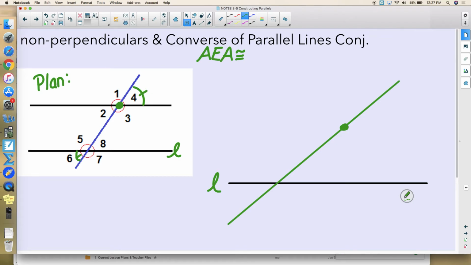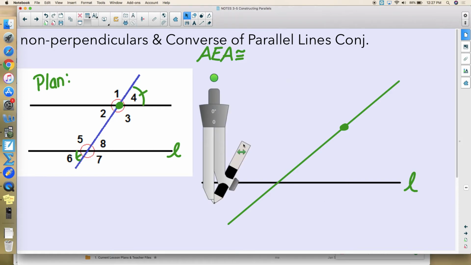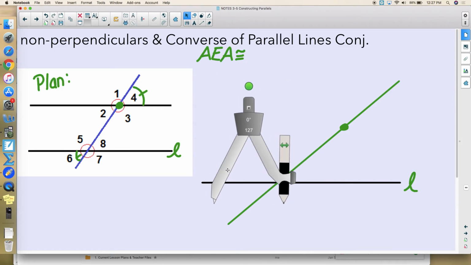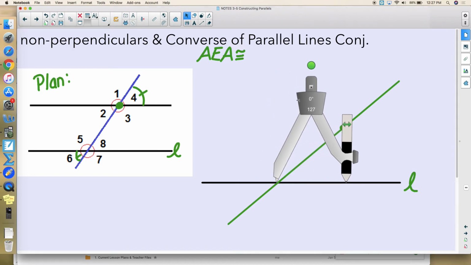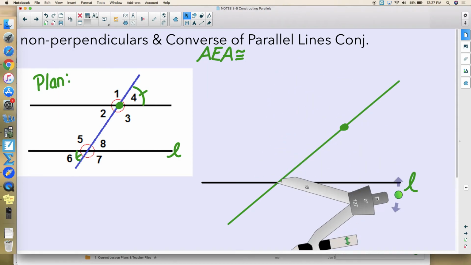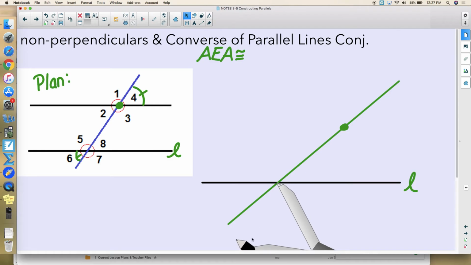So I'm going to take a moment and extend a few things here to make this construction go a little bit better. Slide my line over a little bit, or just extend it with a straight edge, and move the label out of the way. So first things first, with my compass, I need to put an arc through the original angle I'd like to duplicate. So here at angle 6, down in the part right here, bring my compass in a little bit, change the color of my arcs.